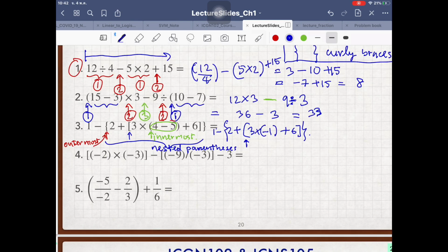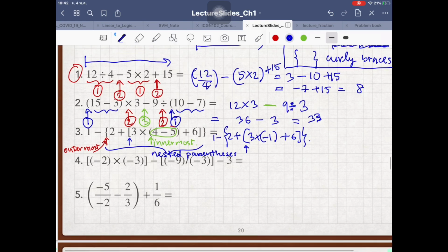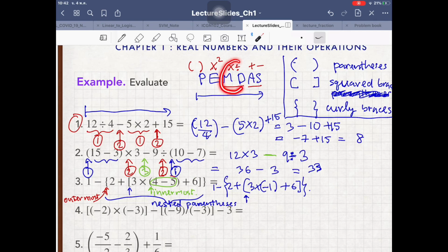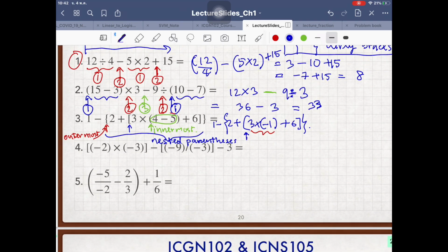Inside it you have multiplying and addition, but for the rule of PEMDAS, multiplying or dividing has more priority than addition and subtraction. So the next step you apply 3 times minus 1. Now you get minus 3, and then you have plus 6.